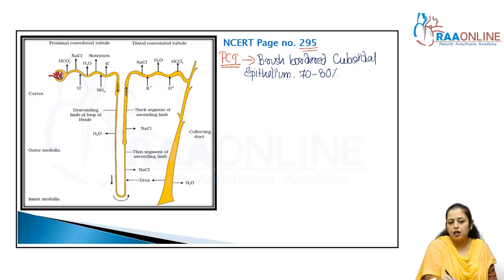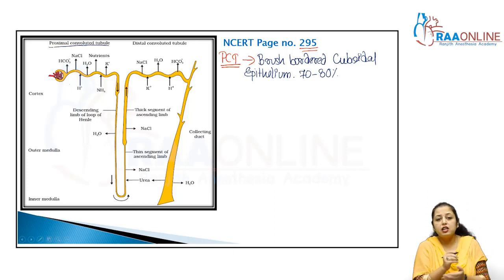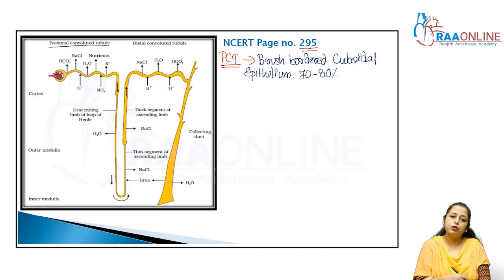The second step is tubular reabsorption. Maximum reabsorption occurs in the PCT, so there is no loss of excessive bicarbonate ions, nutrients, water or other nitrogenous waste products.